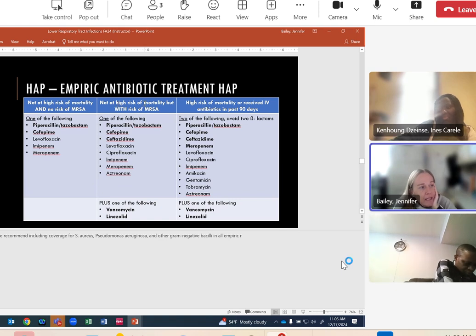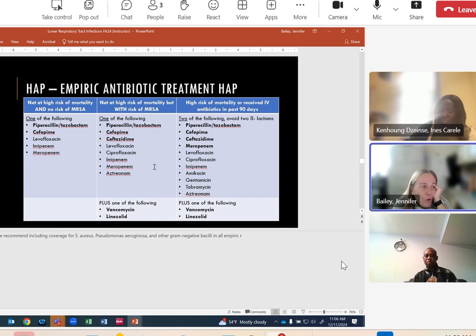Not at high mortality, but has a risk of MRSA. Or at high risk of mortality or received IV antibiotics in the past 90 days. So depending on where they fall, then you choose from the antibiotics that are in the column below.